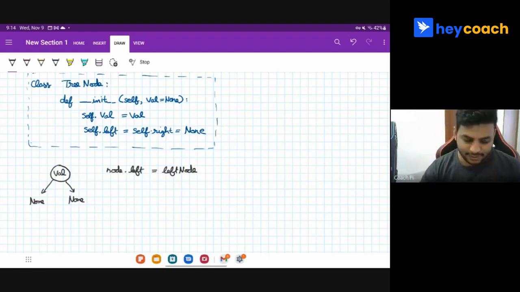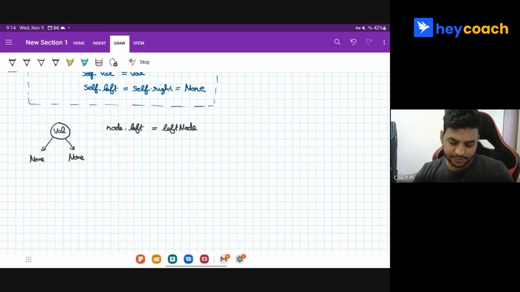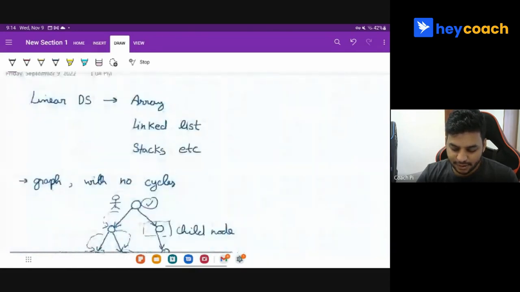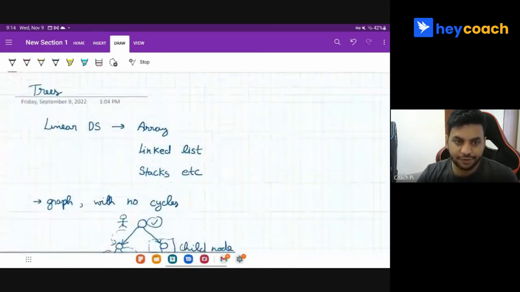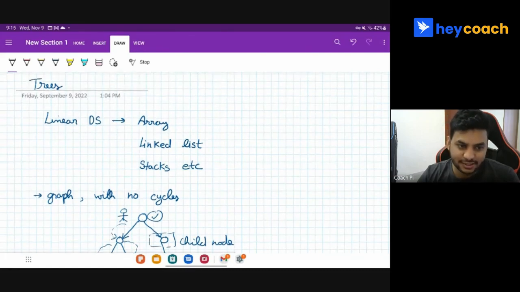All right. Now we will do one example of this. Let's quickly revise what we have done till now. We started with the question of why we need the tree data structure. We already have linear data structures which solve multiple types of problems, right?